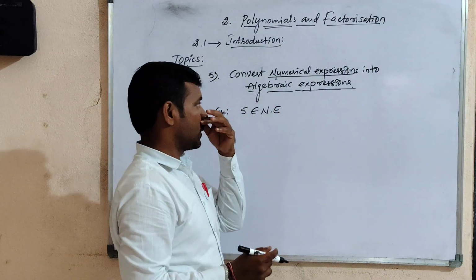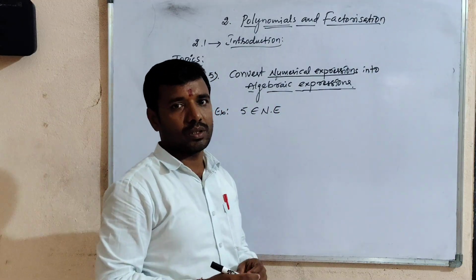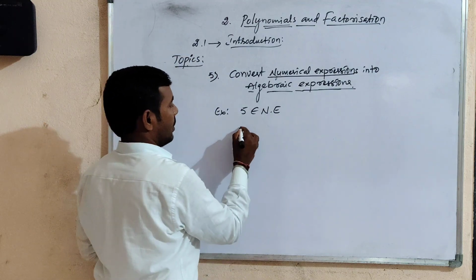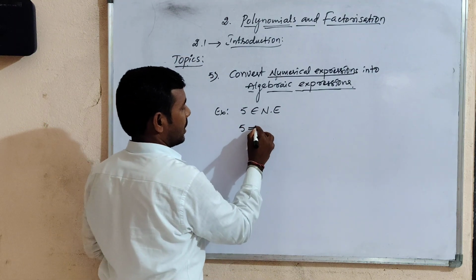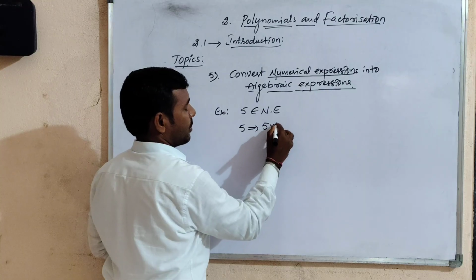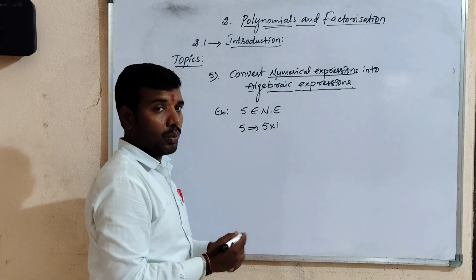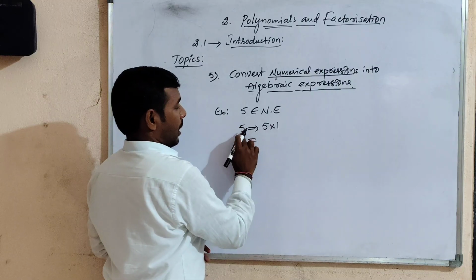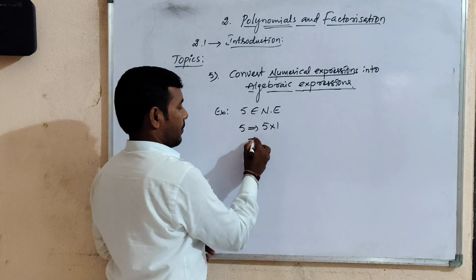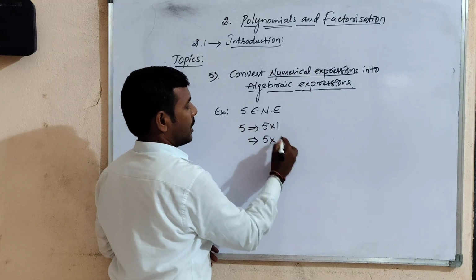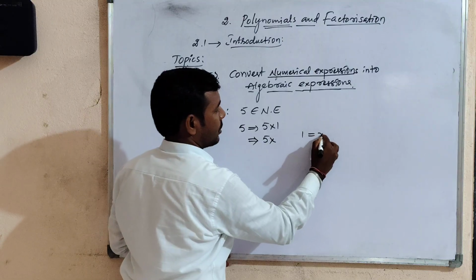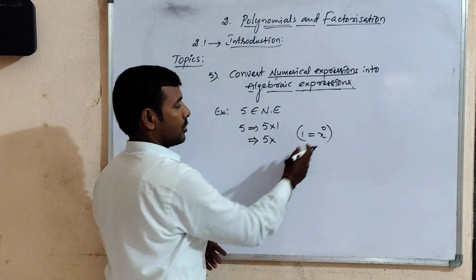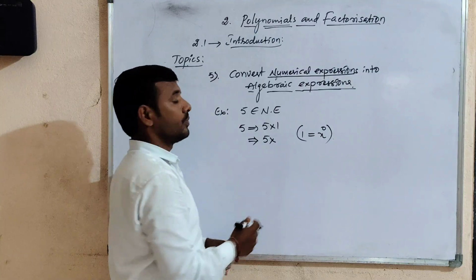Just now we discussed algebraic expressions: in a sense, at least one variable is required. So now I am showing: 5 is a numerical expression, and it is going to be converted to an algebraic expression. Carefully observe how we are going to convert. See, I wrote 5 ones are clear. 5 into, instead of 1, can I take x to the power of 0? 100%, no doubt. x to the power of 0 is equal to 1 only, no?